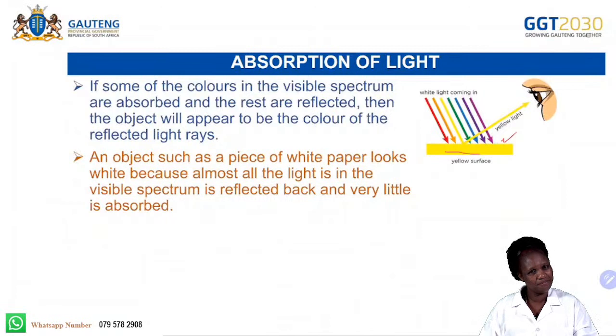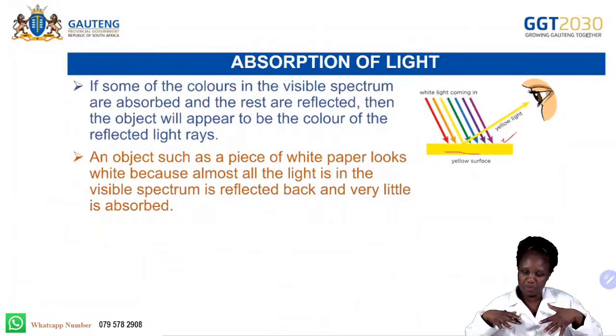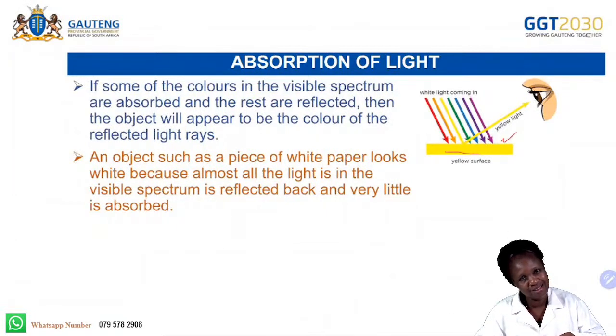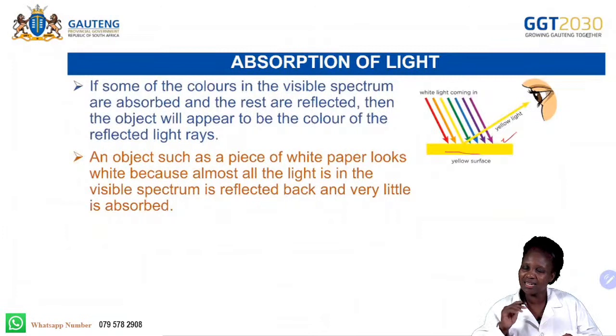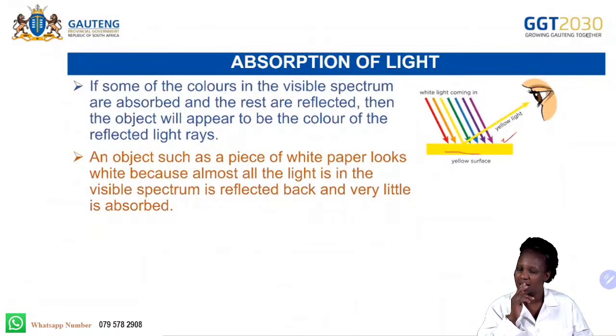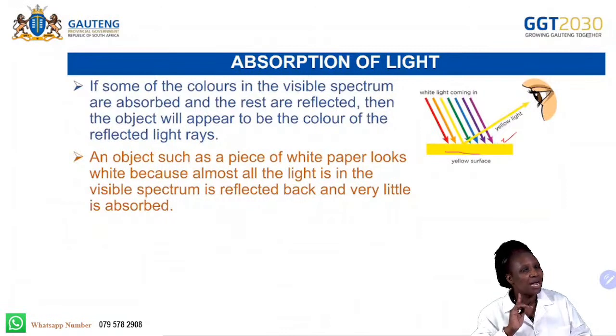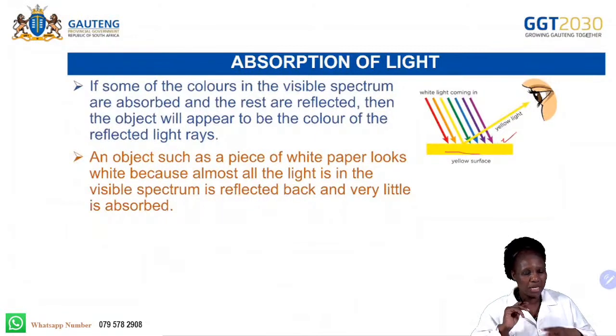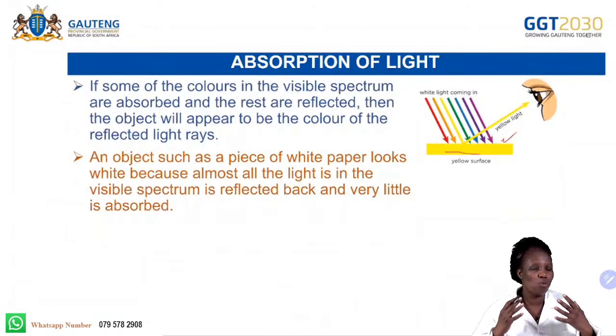And then, let's say the surface is blue. The colors of the visible spectrum will strike the blue surface, and then color blue is going to be reflected to our eyes. And then what are we going to see? We are going to see blue because the color blue is the one that is being reflected to our eyes.